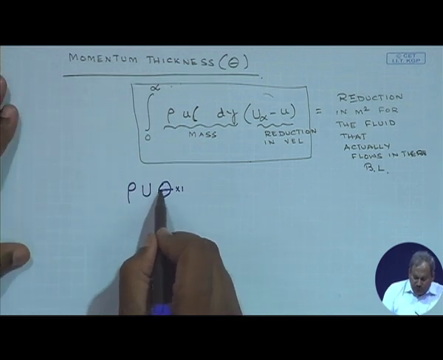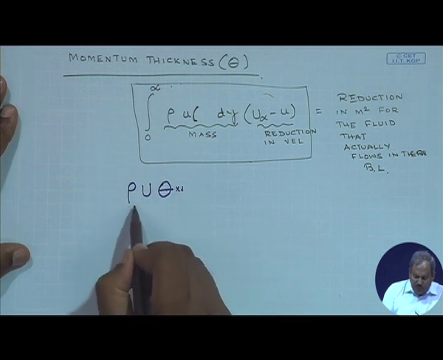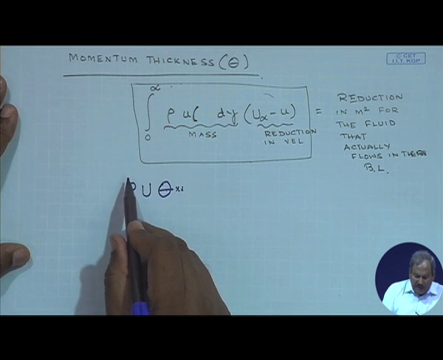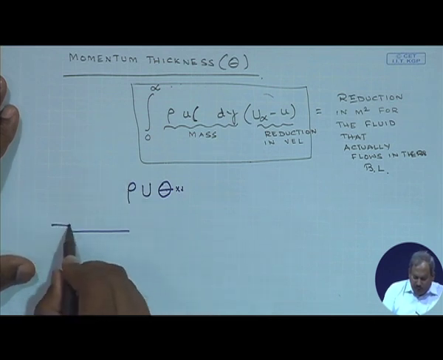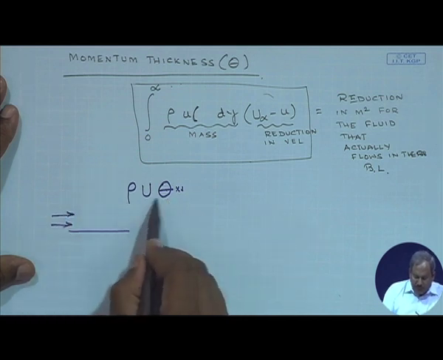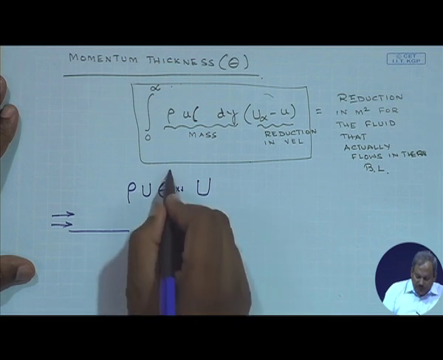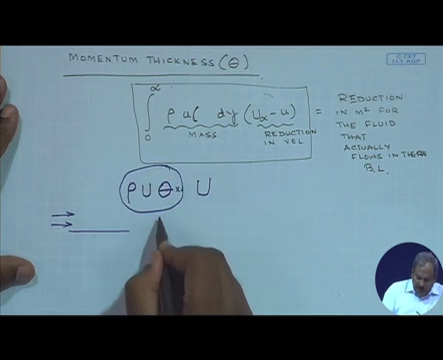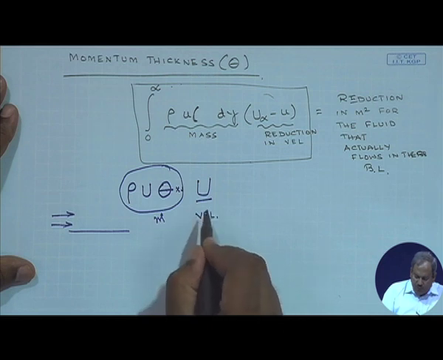So, u times the area multiplied by the rho gives me the mass flow rate that an inviscid flow would carry over a solid plate. What is the momentum associated with it? Another u. So, this is the mass flow rate and this is the velocity that would have existed in an inviscid flow.